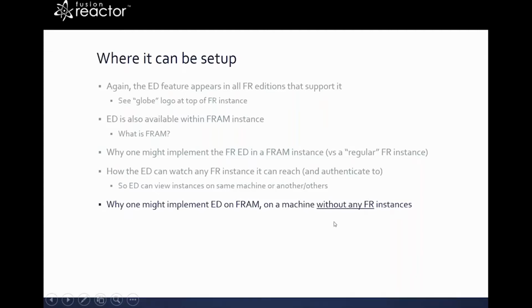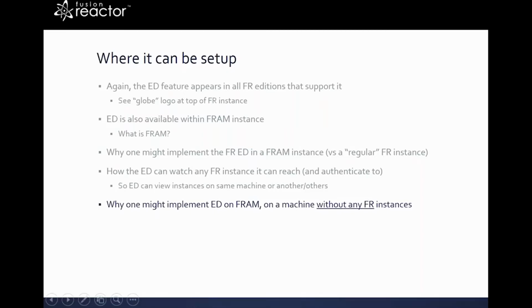And then I said, what if the box on which you have FRAM and an instance installed went down? Well, this is where you might want to implement the dashboard on a machine that doesn't necessarily have any FusionReactor instances. You just install FusionReactor just to get the FRAM, and in that FRAM, you use the dashboard. Now, as things stand right now, you would need to have a separate license because FusionReactor is licensed per box.